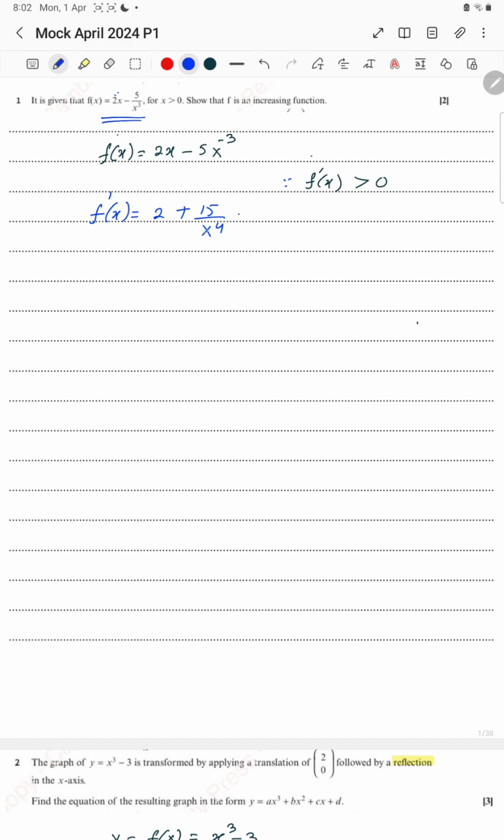And it is clear that whatever x you replace, greater than 0, it will be bigger than 0, so the result is going to increase.